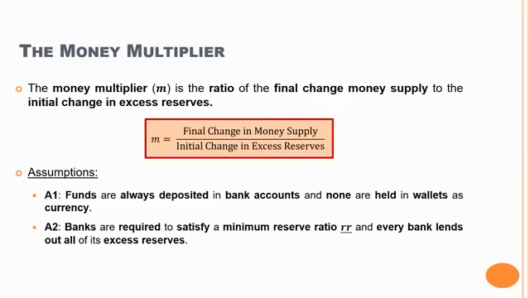The money multiplier is the final change in money supply divided by the initial change in excess reserves. I think this is the clearest possible definition of the money multiplier. So if, for example, the initial change in excess reserves is $90, as in our example, and the final change of the money supply is $900, then you would say that the money multiplier is equal to 10.